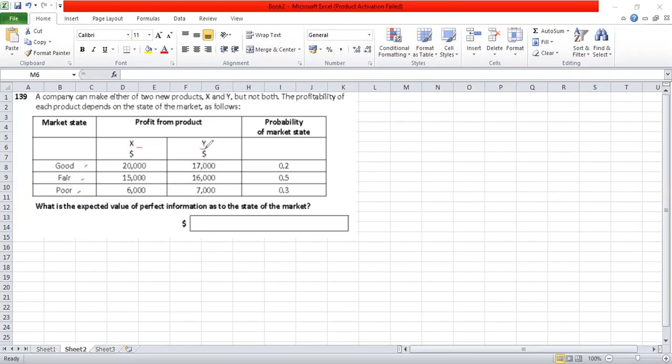If it is fair, Y is more profitable. If it is poor, Y is again more profitable. So if there isn't any information available about how the market condition would be, a decision will be taken on which product to sell. If no information is available, expected value is the sum total of all the cash flows into their respective probabilities. That is as simple as that. So let's work it out for when there is no information available.